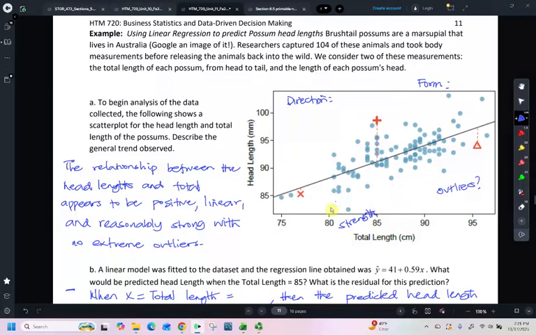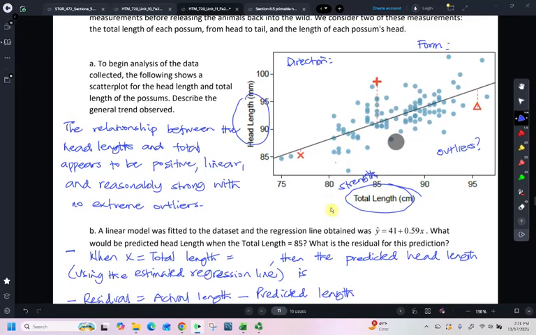So here we have an example that talks about using linear regression to predict possum head lengths based on their total length. Looking at the two numerical variables, the direction is positive, and for the form, a linear equation will be great.